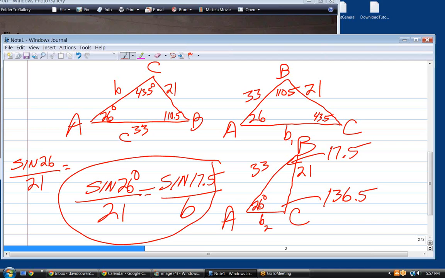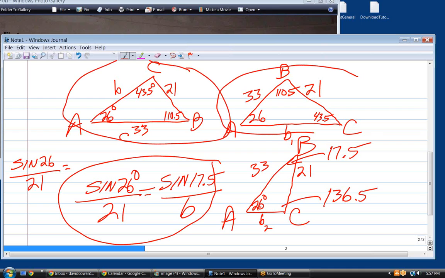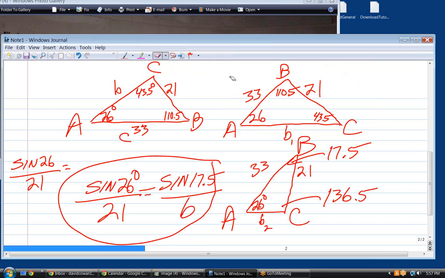Now notice the only thing I did between this picture and this picture was I rotated. I flipped the triangle, which doesn't change anything. In other words, I put B at the top and C to the right. I didn't need to do that, but when I have to work with angle, side on the bottom, side opposite, for some reason I get confused by it.